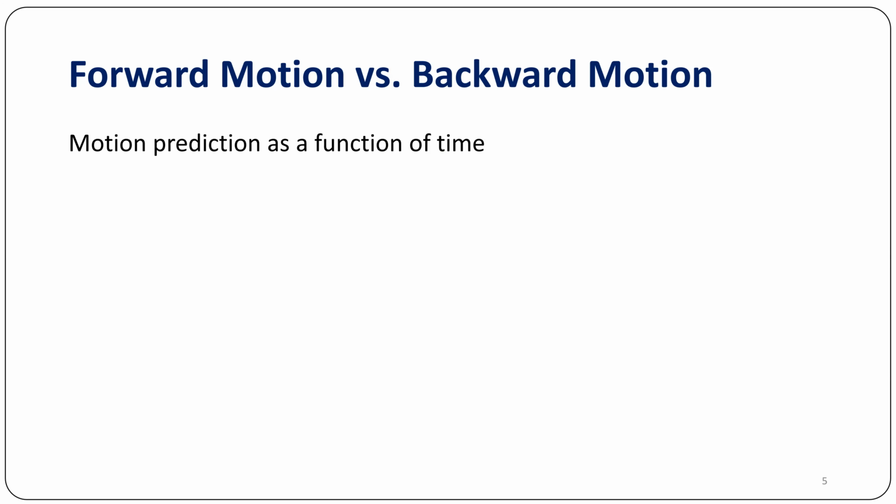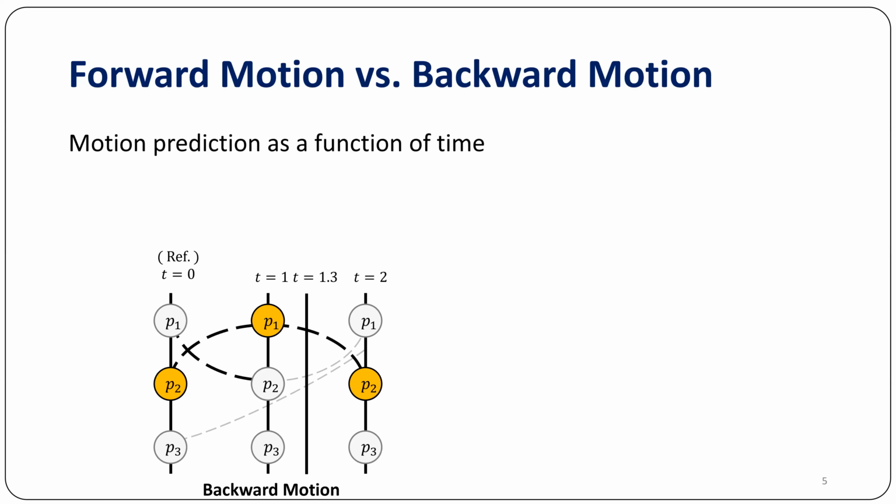In this paper, we try to model motion trajectories of pixels by an implicit neural function. In the case of backward motion, the backward motion vector at P2, when viewed as a function of time, is a mixture of multiple motion trajectories.